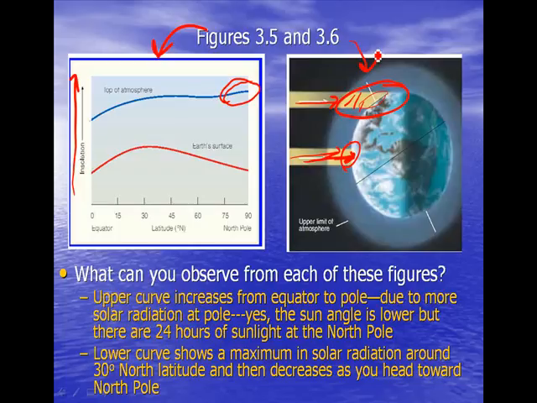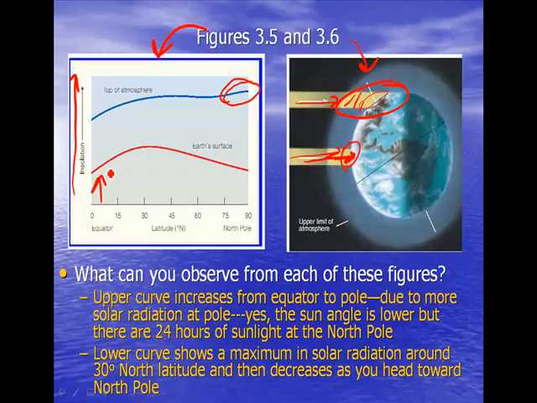Well, it has something to do with this lower curve here in figure 3.5. Now, this is the amount of radiation, or the amount of solar energy, that is actually reaching the Earth's surface. Recall from our discussions in Chapter 2 that ozone up in the stratosphere absorbed some of that radiation coming in from the sun, and then the rest of the atmosphere, especially in the visible region, passes all of that radiation down to the surface of the Earth.